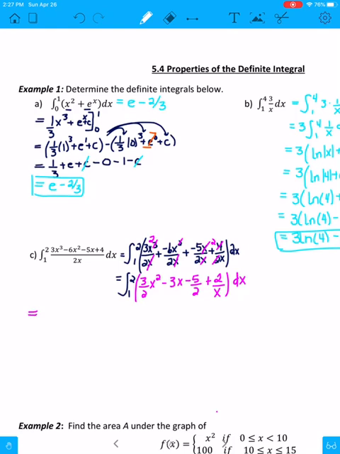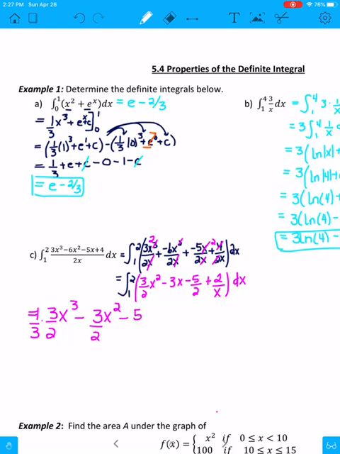So I'm going to increase the power by 1, so x to the 2 is going to become x to the 3, with the 3 halves in front, and then I'm going to divide by 3 or multiply by a third in front, minus 3x to the, raise it to 1, so 1 plus 1 is 2, and then divide by 2.